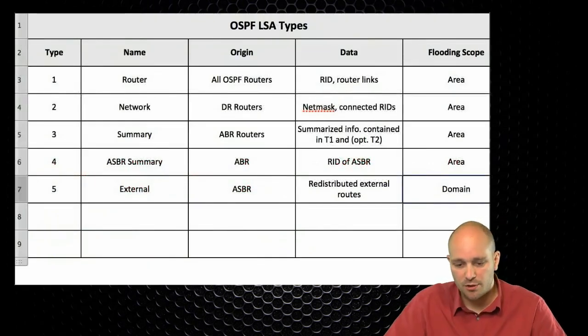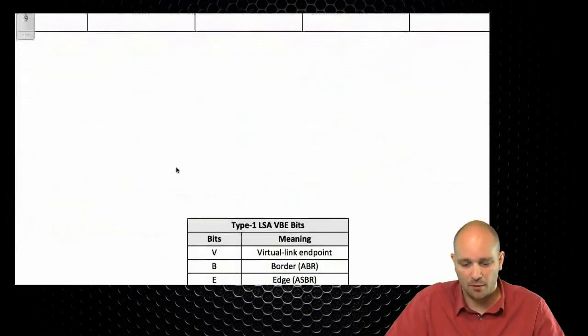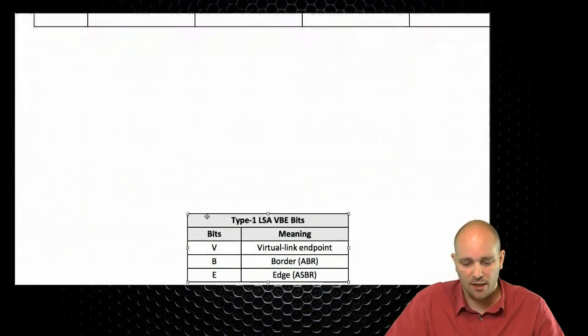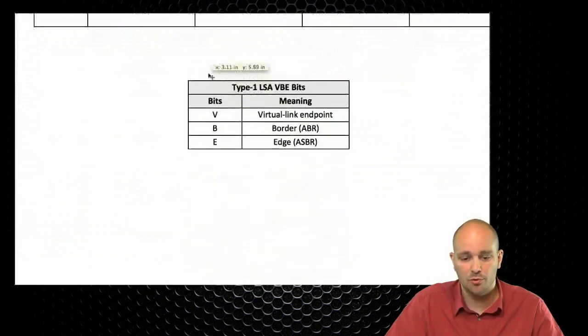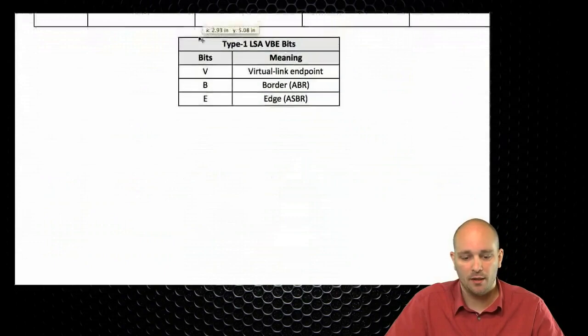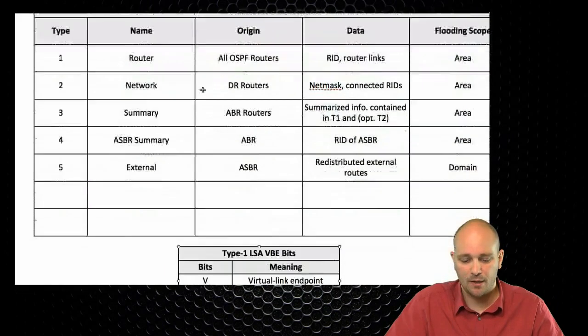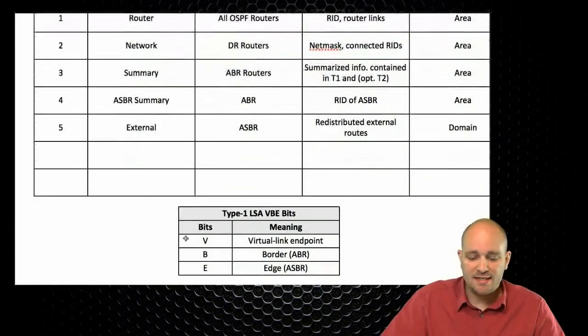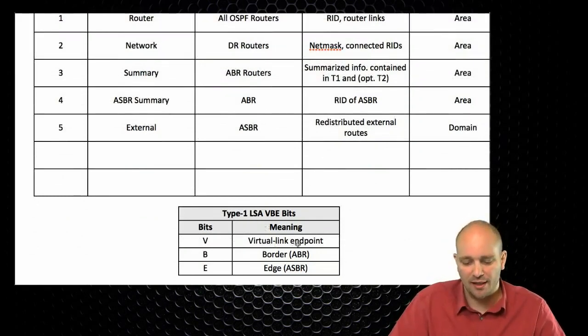Just below this table, I actually have another table that I have somewhat hidden from you. I'm going to bring it up now so that you can see it. Inside type 1 LSA, there are a couple of bits that don't have any particular name, so I call them VBE bits. They stand for Virtual Link Endpoint, which is not something that we care about right now.